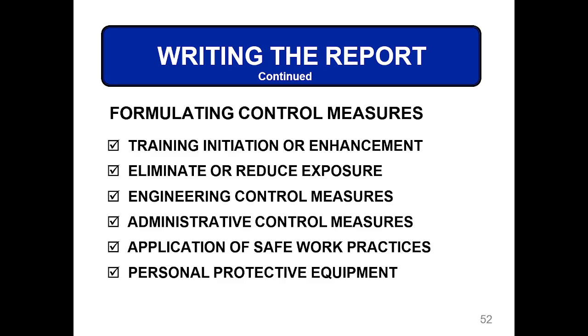How do you formulate control measures? Training, initiation or enhancement. Eliminate or reduce exposure. Engineering control measures. Administrative control measures. Application of safe work practices. For example, you ensure that toolbox talks are conducted.